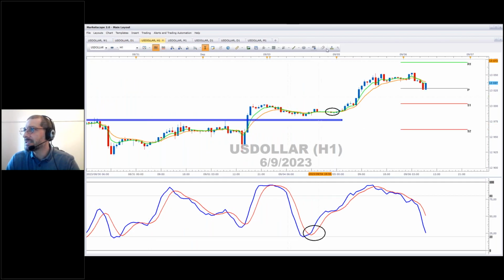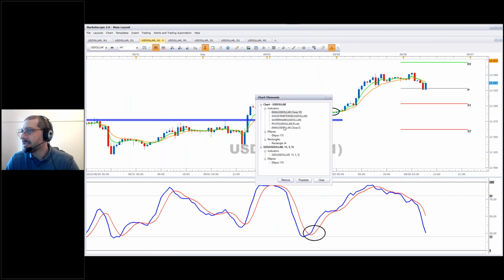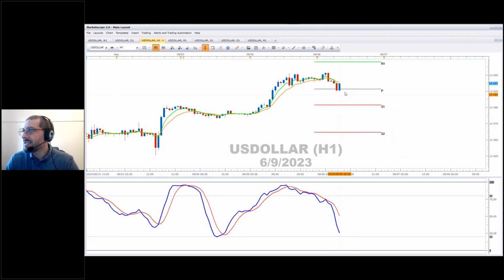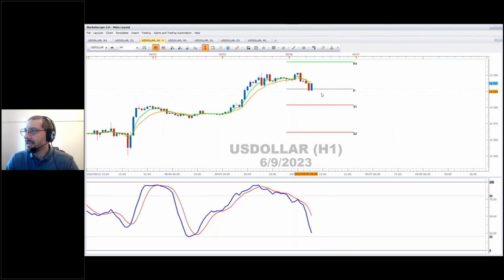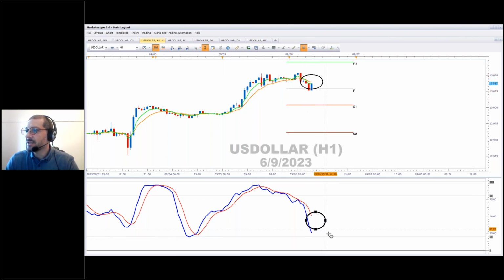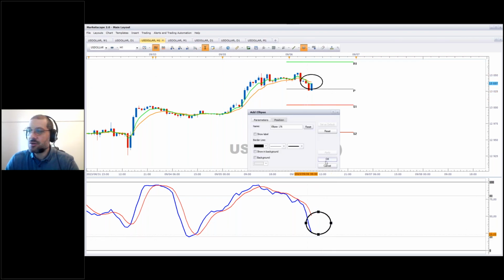All right, let's just clean up all the line studies. It looks to me as if the central pivot here is a potential reaction level. Again, we want to see the crossover of the EMAs, and we want to see a crossover of the stochastic. Those are the two triggers.